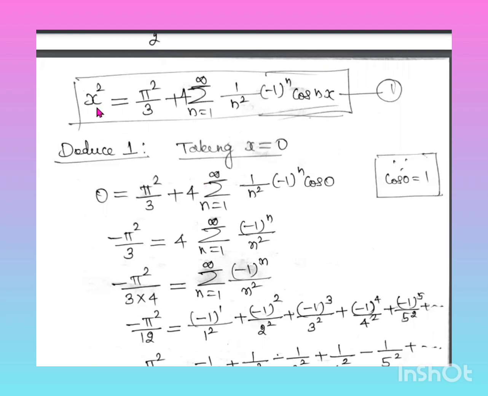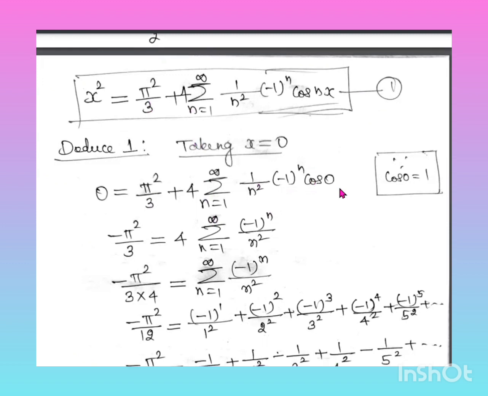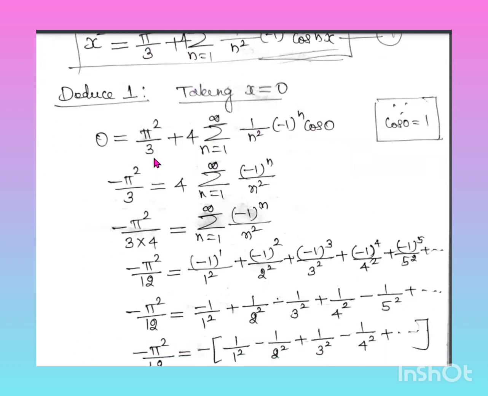So where there is x, you have to apply 0. 0 is equal to pi square by 3 plus 4 summation n equal to 1 to infinity 1 by n square minus 1 power n cos 0. Cos 0 is also 1. So pi square by 3 on the right hand side goes to the left hand side as minus pi square by 3, which is equal to 4 summation n equal to 1 to infinity minus 1 power n divided by n square.